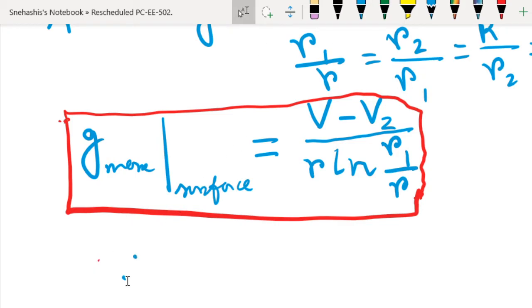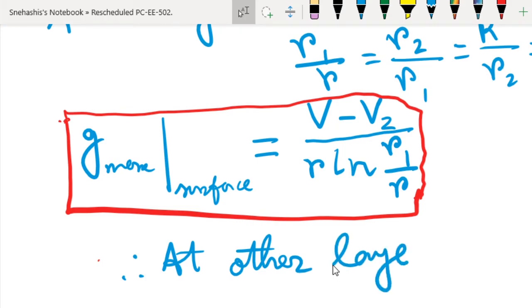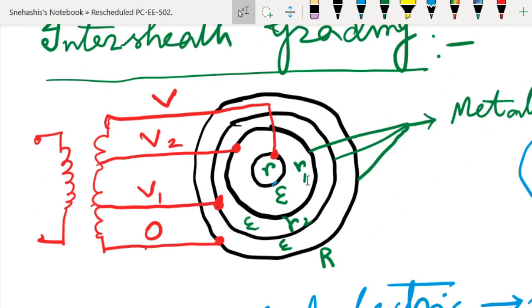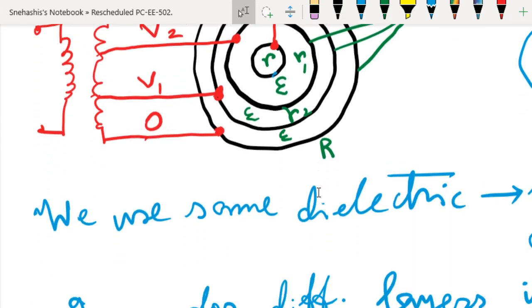therefore at other layers, we can write that Gmax equal to, for the next layer, now we are talking about this layer, so it will be your R1 and R2 relation.